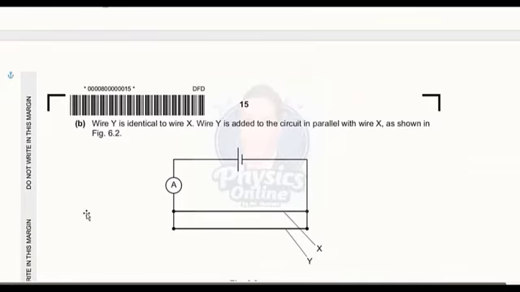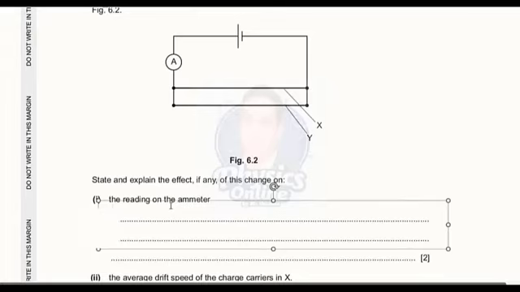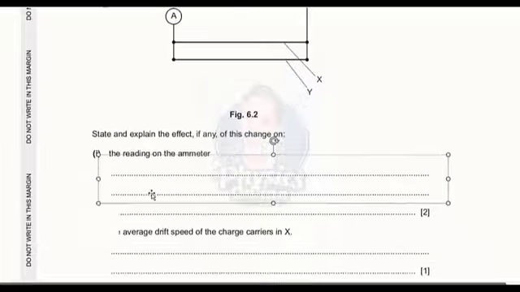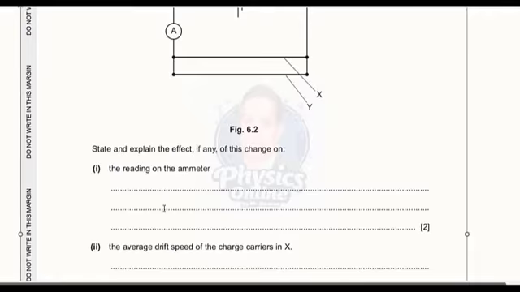Wire Y is identical to wire X. Wire Y is added to the circuit in parallel with wire X as shown in the figure. We have just two wires, X and Y. State and explain the effect, if any, of this change on the reading on the ammeter. Let's see.